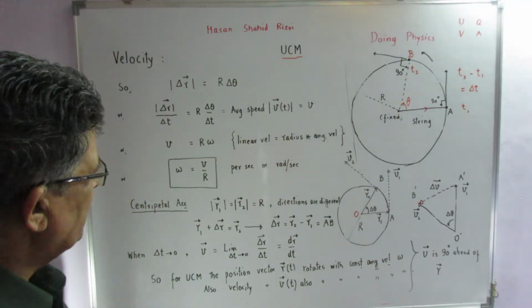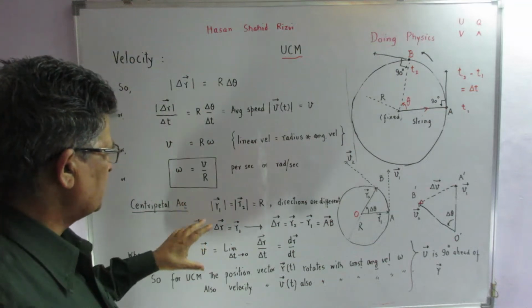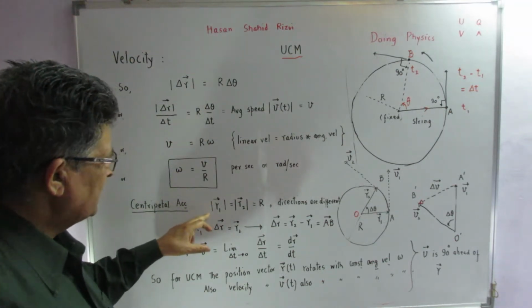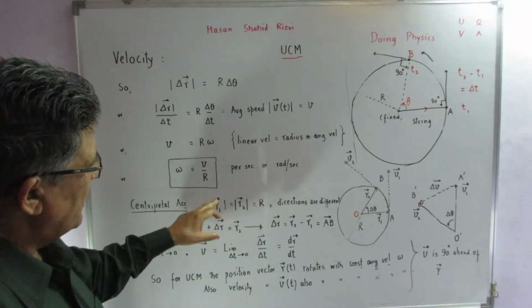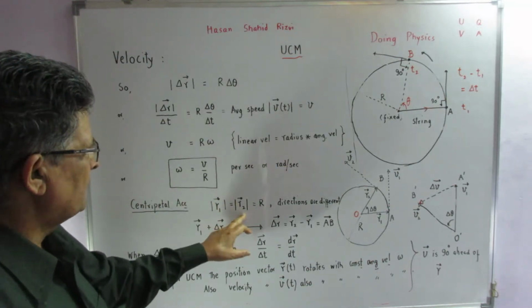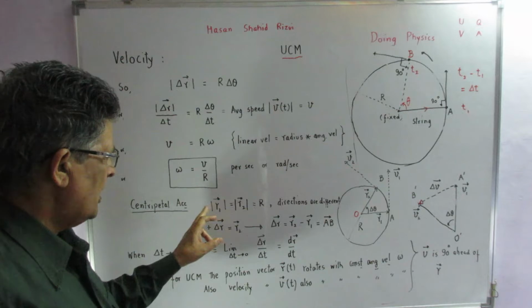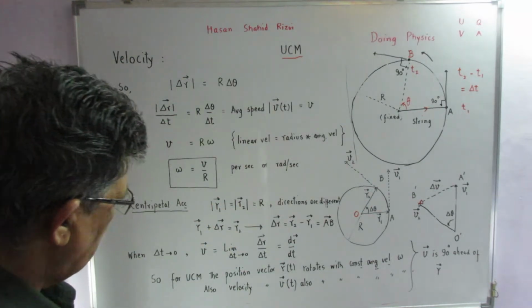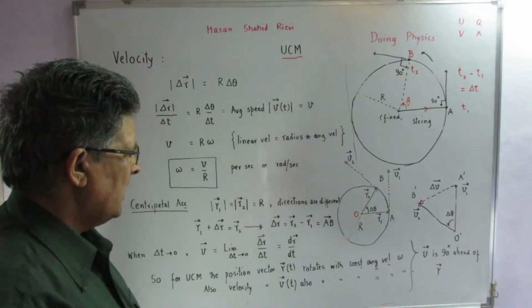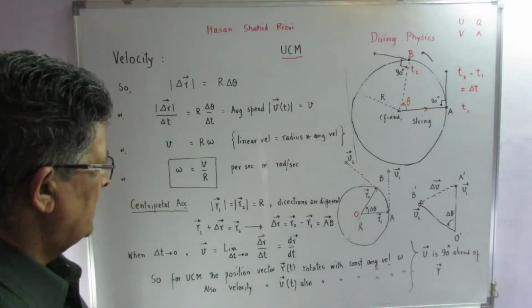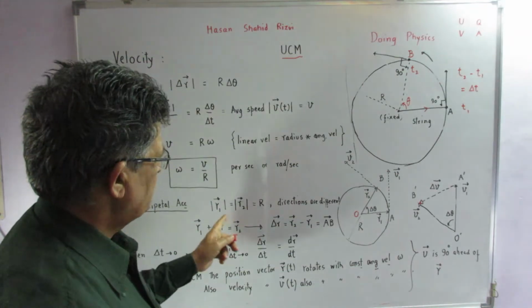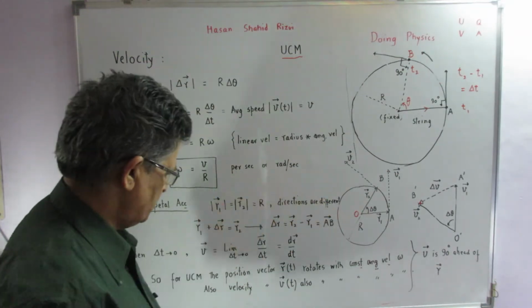If I substitute the things, I just establish that the value of vector R1 is equal to the value of vector R2, and is equal to R. However, the values are the same, but the directions are different.